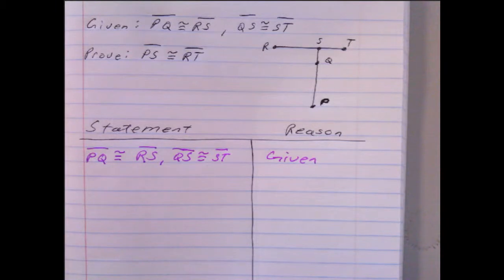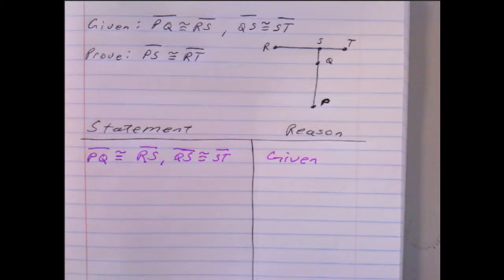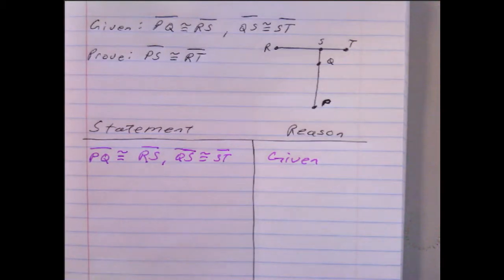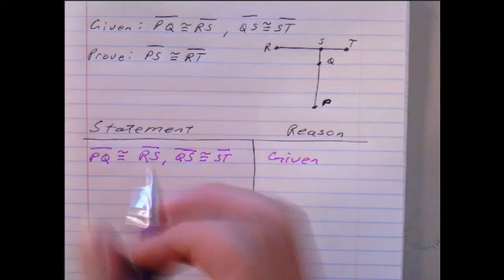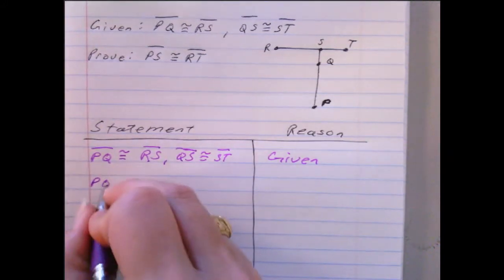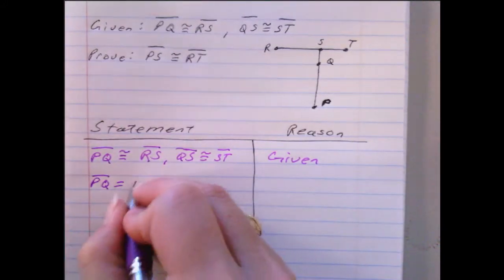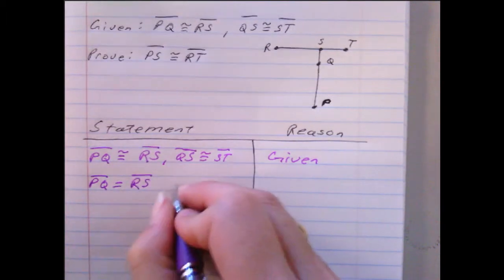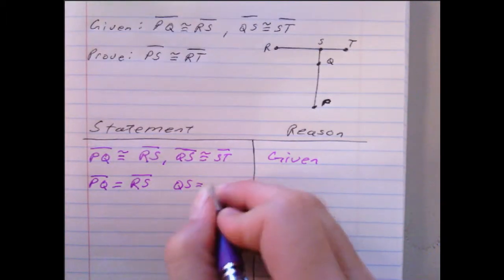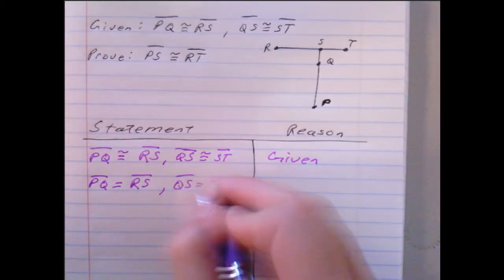Okay, so then our next statement, we're going to be converting those so that they are equal signs. PQ equals RS and QS equals ST.